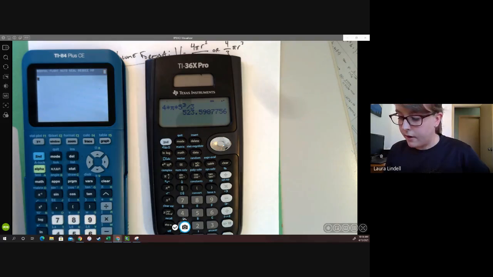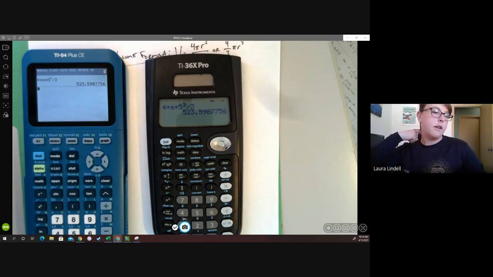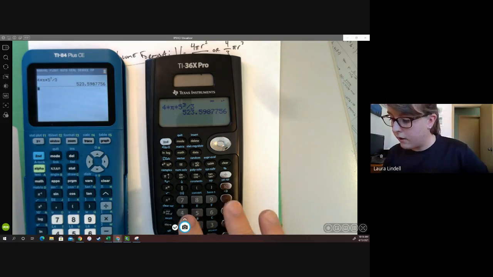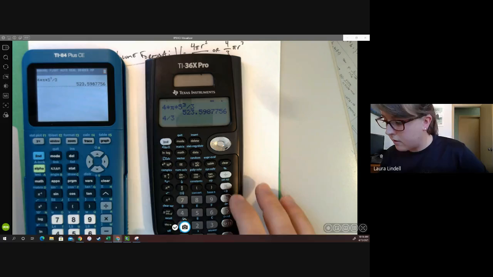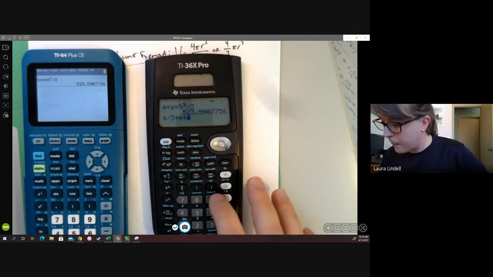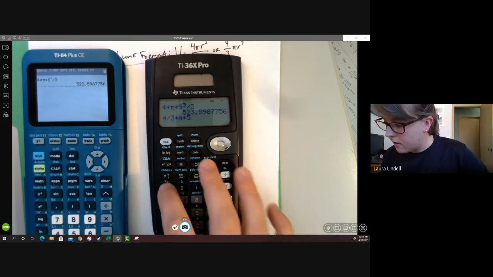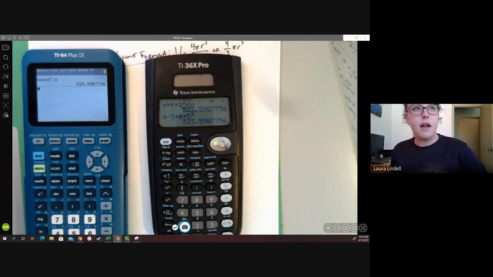We can do the same thing on here. 4 times pi times 5 to the 3rd power divided by 3. It all works the same way. You can also do the whole 4/3 pi r cubed thing if you want. You should get the same answer either way.